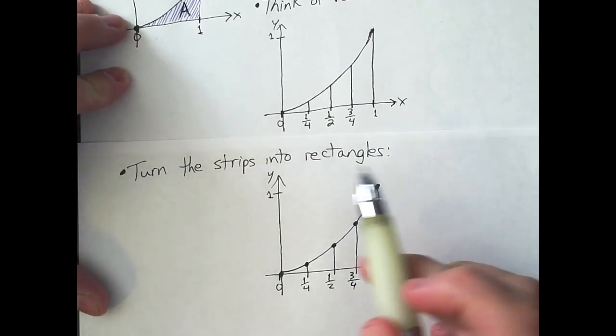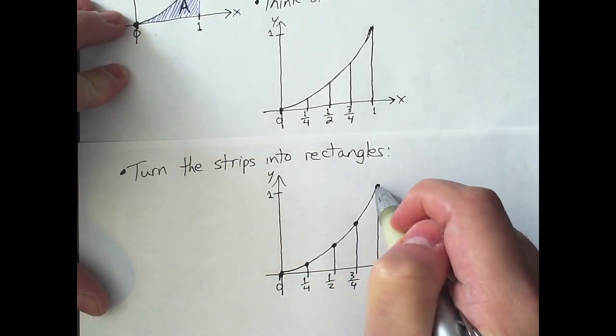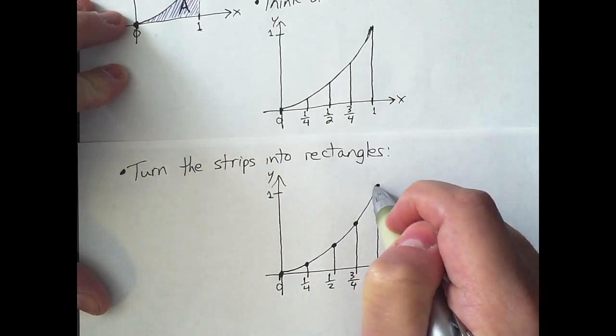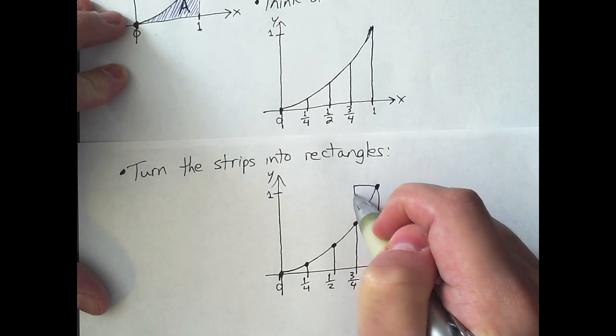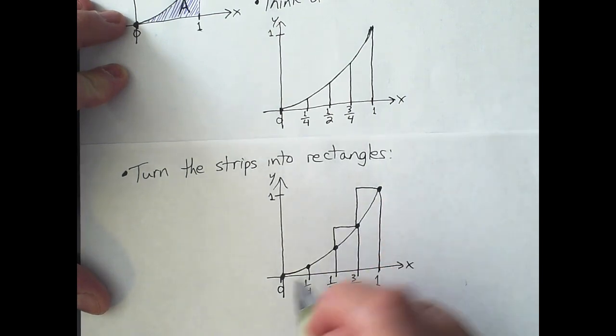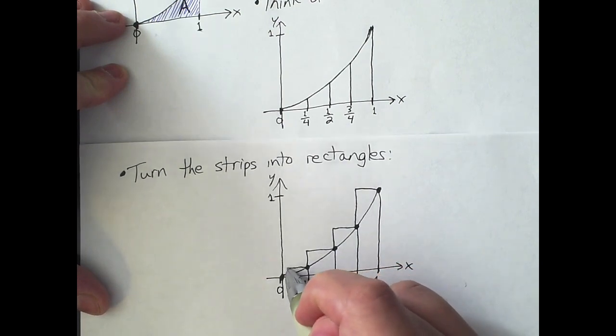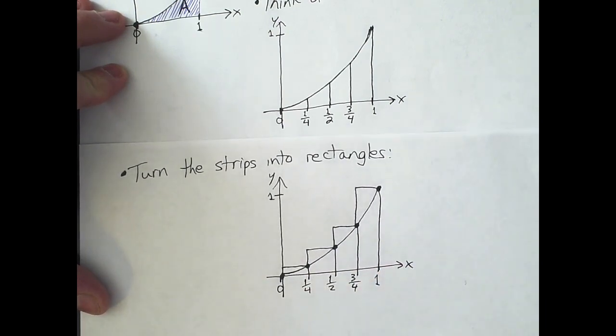One way that I could turn these vertical strips into rectangles is start at the upper right and just make sort of a staircase where I'm connecting these dots, basically. See what I did?